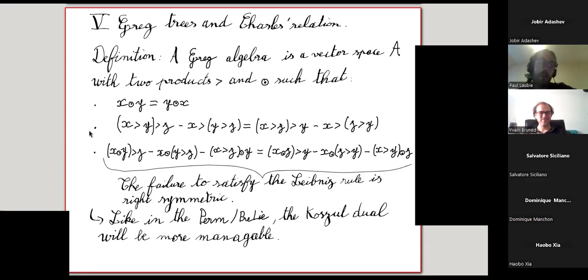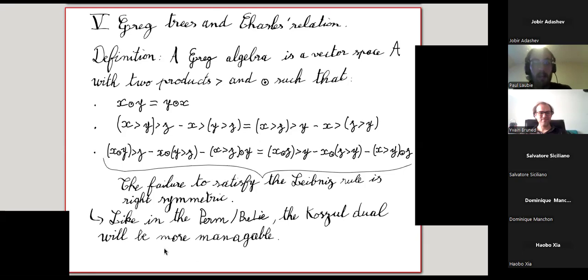And so if we look at those equations, we can see that the pre-equation is saying that the failure to be associative is right symmetric, while the second equation is saying the failure to satisfy the Leibniz rule is right symmetric. So we can see that those two equations are really closely related.